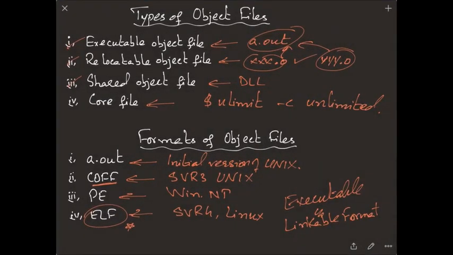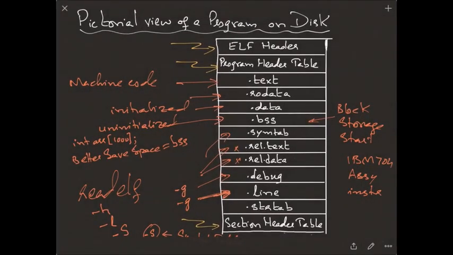Then we have seen the types of object files: executable object files, relocatable object files, shared object files and core files. And we have talked about the 4 different formats of object files, and in particular the ELF format. This was a pictorial view of the ELF format file.